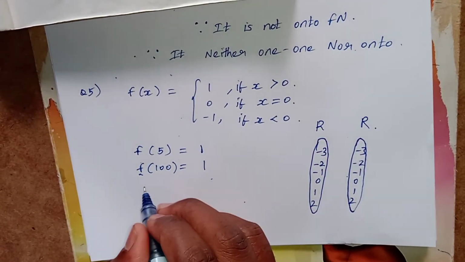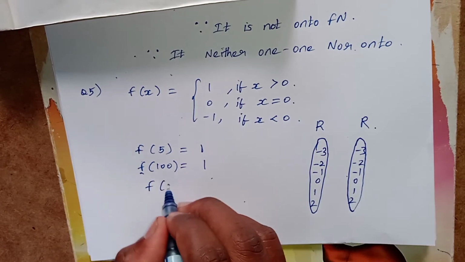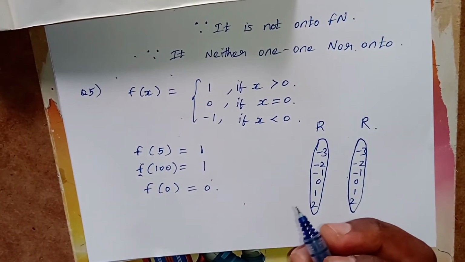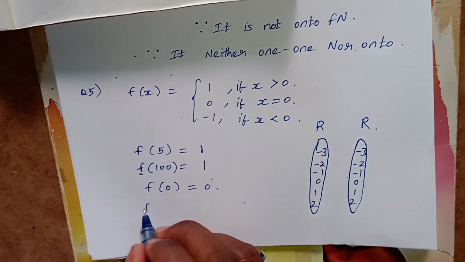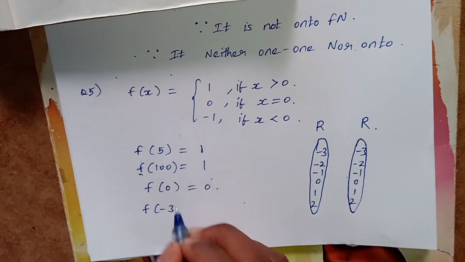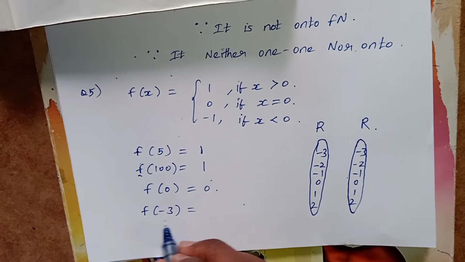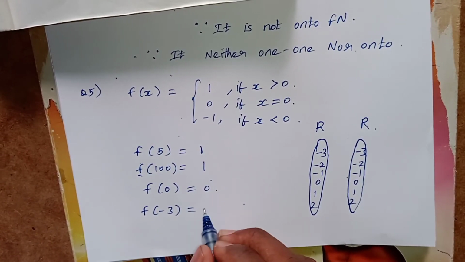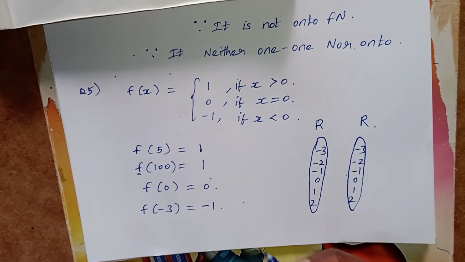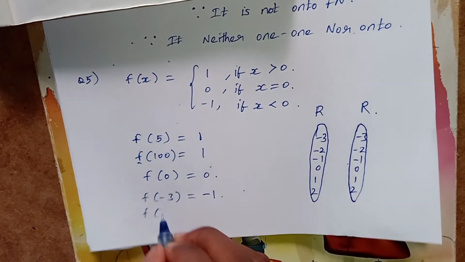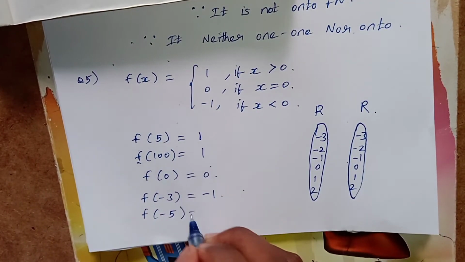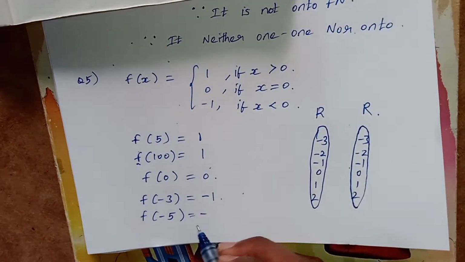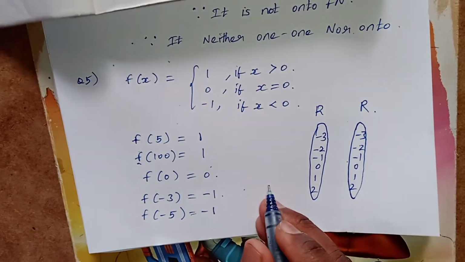Okay, if I take exactly f of 0, therefore here it is 0. Okay, if I take f of minus 3, minus 3 is less than 0, therefore here minus 1. If I take x as minus 5, here also minus 5 is less than 0, therefore minus 1.